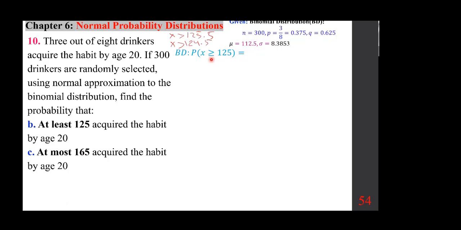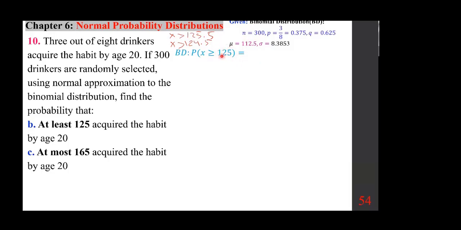By the way, the equality makes a difference because you're dealing with a discrete value. In this case, whether you put the equality or not makes no difference because a single value gives you 0 probability. Now, when we look at this one, probability of x larger than 125, that means discretely you're looking for probability of x equals 125 plus probability of x equals 126 all the way to n, which is 300.